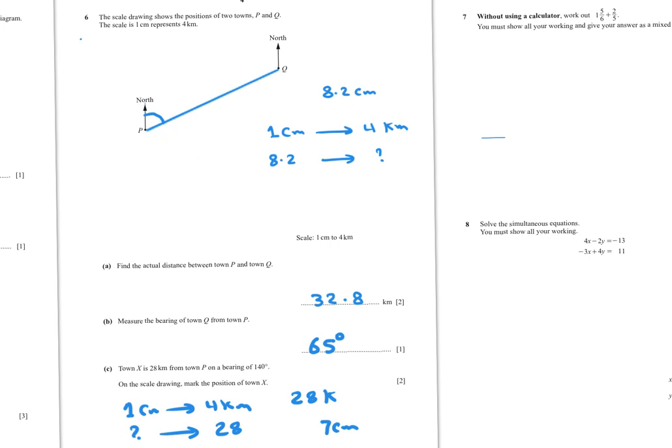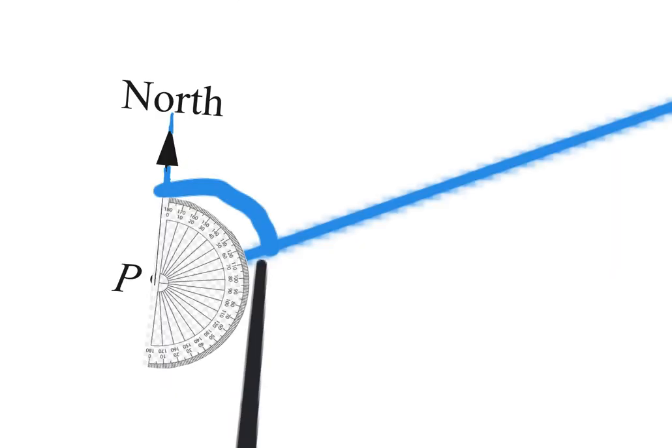140, so you need to use your protractor and measure angle 140, start from the north and move clockwise. Then draw line 7 centimeters. So this angle 140.